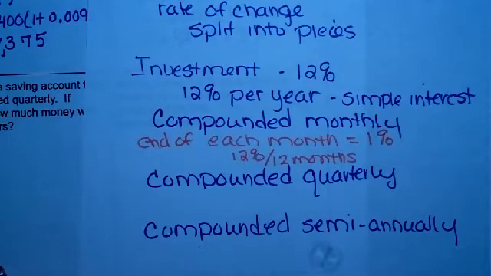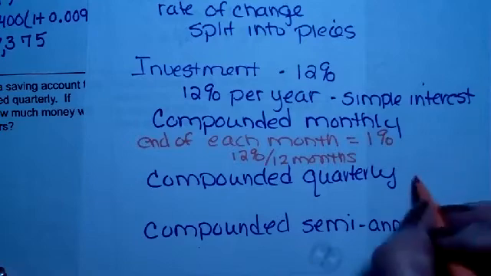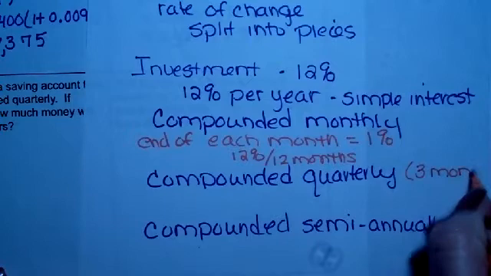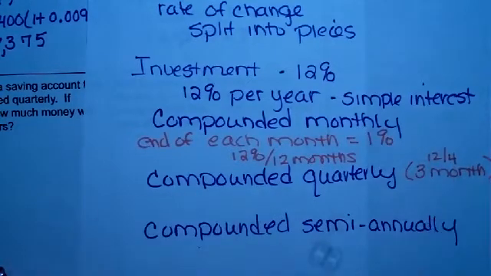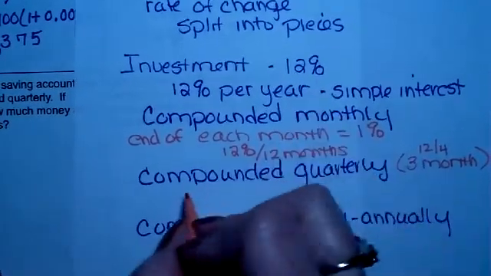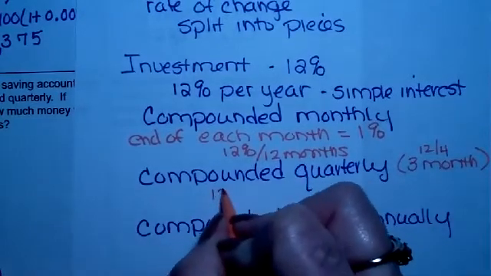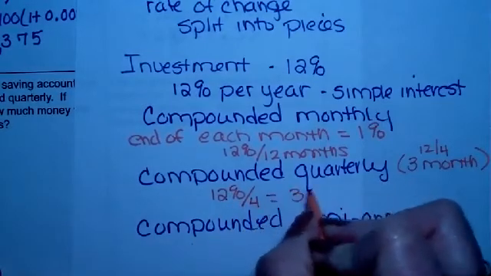If it's compounded quarterly, when we talk about a quarter, we think about 1/4. So that's 1/4 of a year. So quarterly means once every 3 months, because 12 months divided by 4 is 3 months. So at the end of each quarter, it's going to take that 12% and divide it by 4, and it's going to give you 3%.